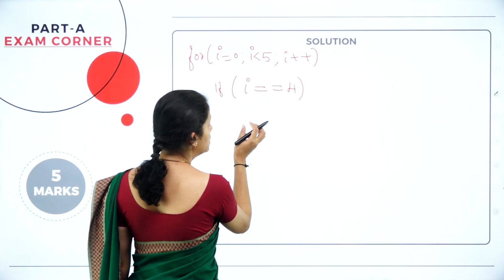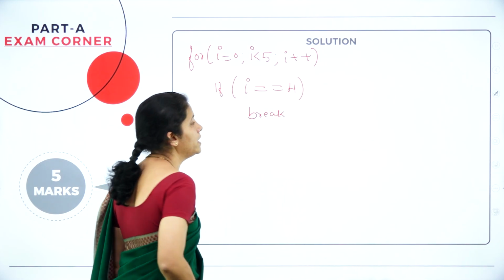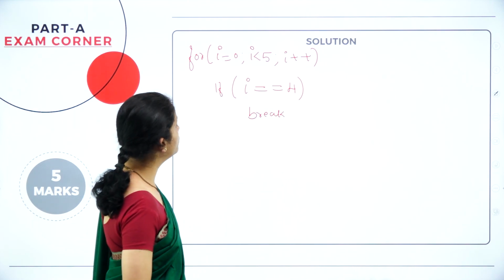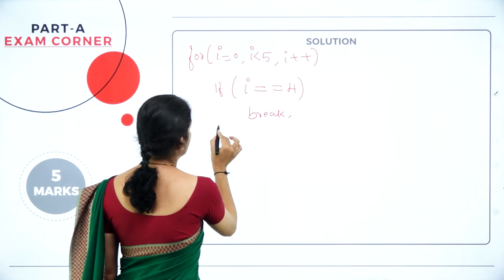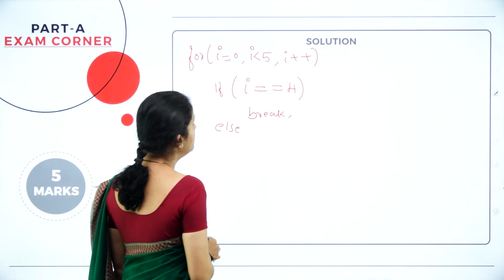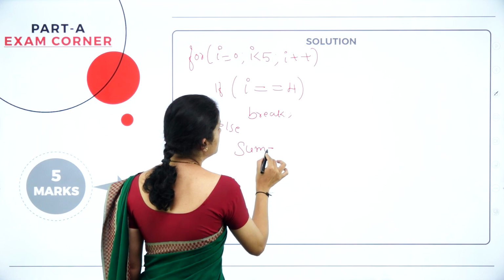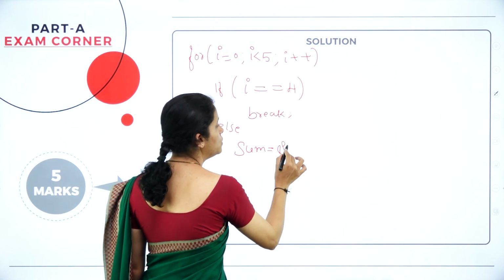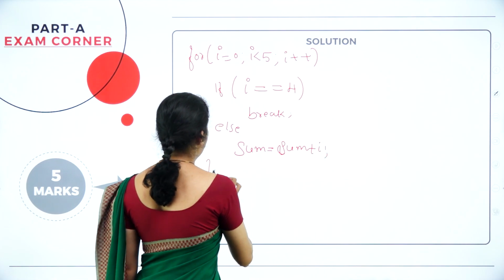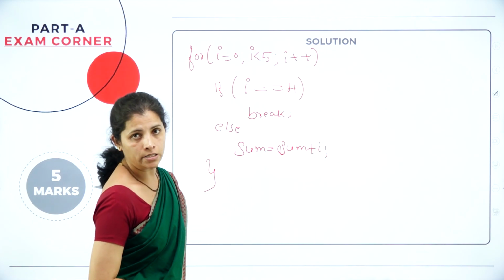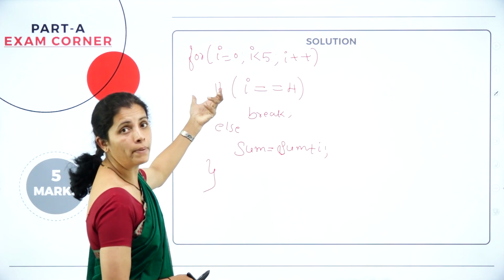I'm going to break. If i equal to 4, I'm going to exit. Else, I'm going to perform summation: sum equal to sum plus i. So this is the code for break.